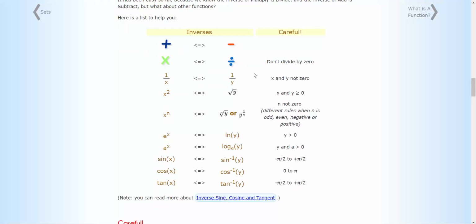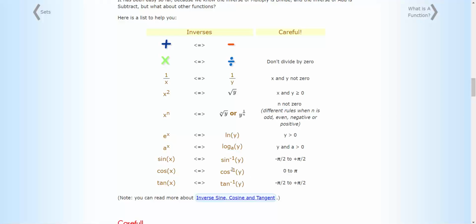And this is the list of functions that you invert. So the positive becomes negative, the multiplication becomes division, 1 over x becomes 1 over y, whatever that is. Basically, if y equals f of x, then the domain and the range are interchanged. The inverse of x squared is the square root of y, given y is not a negative number.